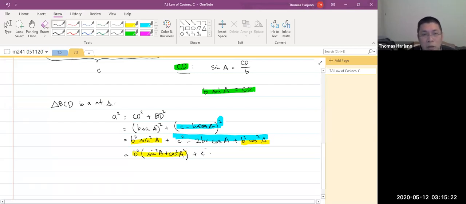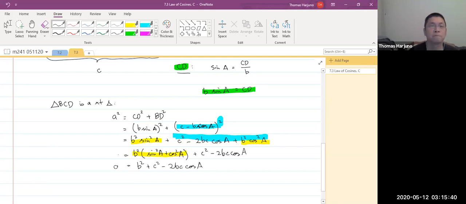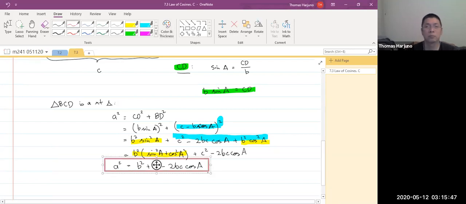Plus c squared minus 2bc cosine A. This is equal to 1, right? So this is b squared plus c squared minus 2bc cosine A. That's what our a squared is. Okay, now that's the proof of the law of cosines.